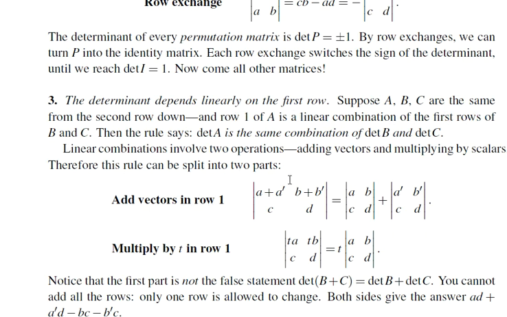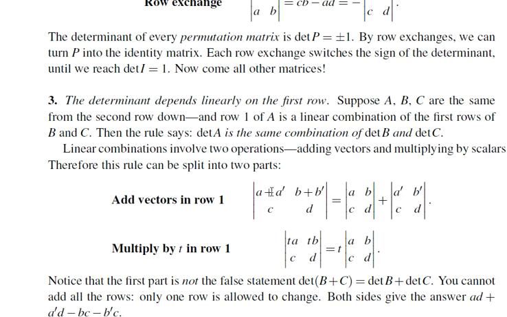Now we have A, B and C. Then the rule says the determinant of A is the same combination of determinant B and determinant C. Which means if A, B and C are three different determinants, then in these cases A, with A plus A dash, is a linear combination of B and C, and the lower row remains the same.